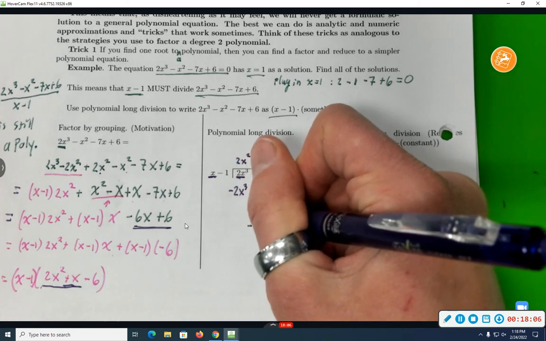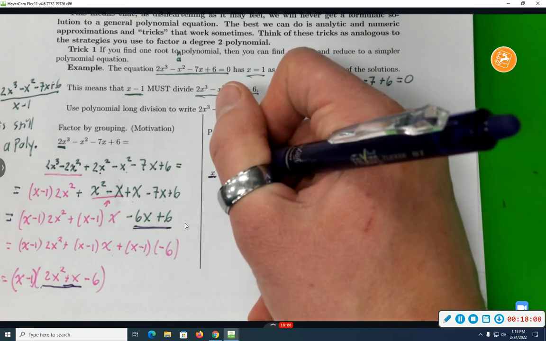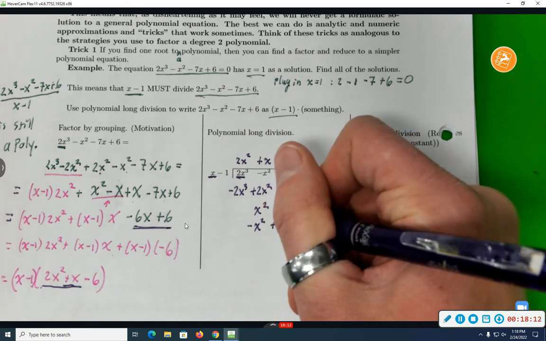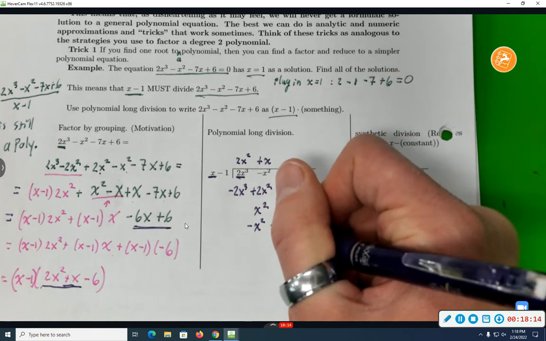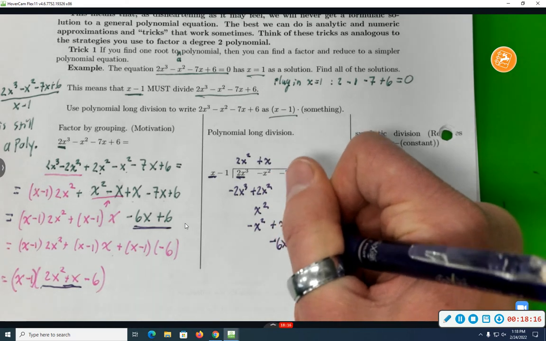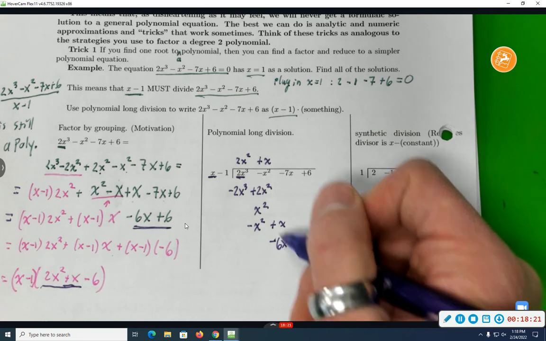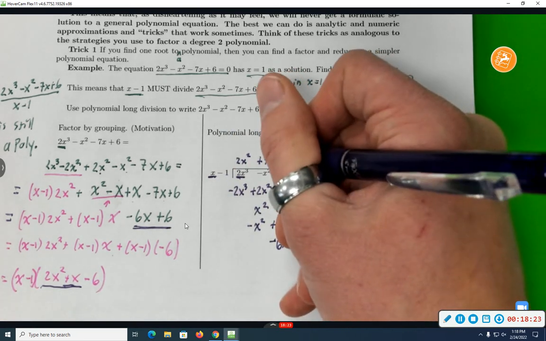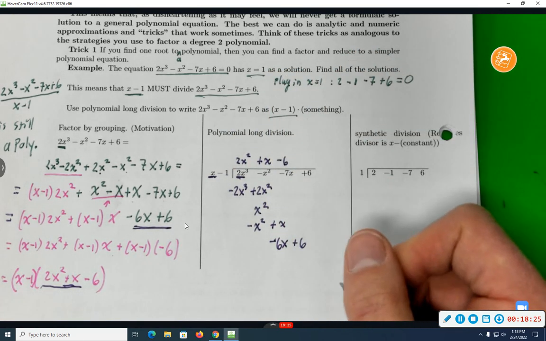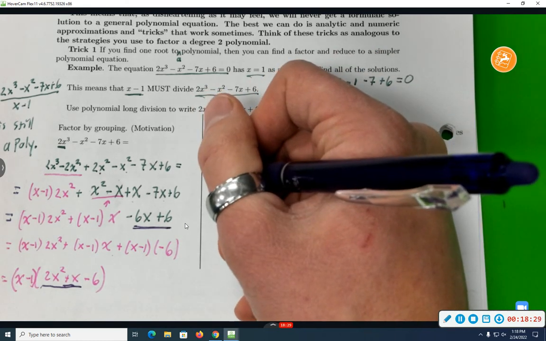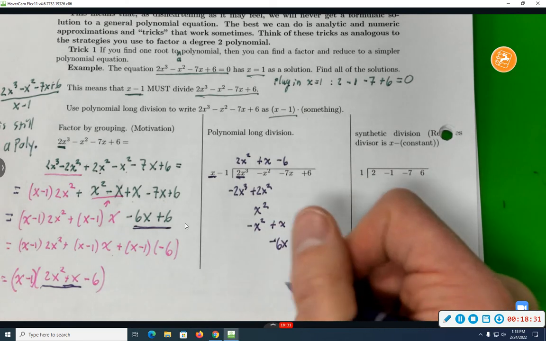Minus x squared. x times negative 1 is minus x, but then you make it negative again, so you add x. Minus 7x plus x is negative 6x. I need to multiply x by negative 6 to get negative 6x. Negative 6 times x is negative 6x, but you need to subtract it, so you do plus.